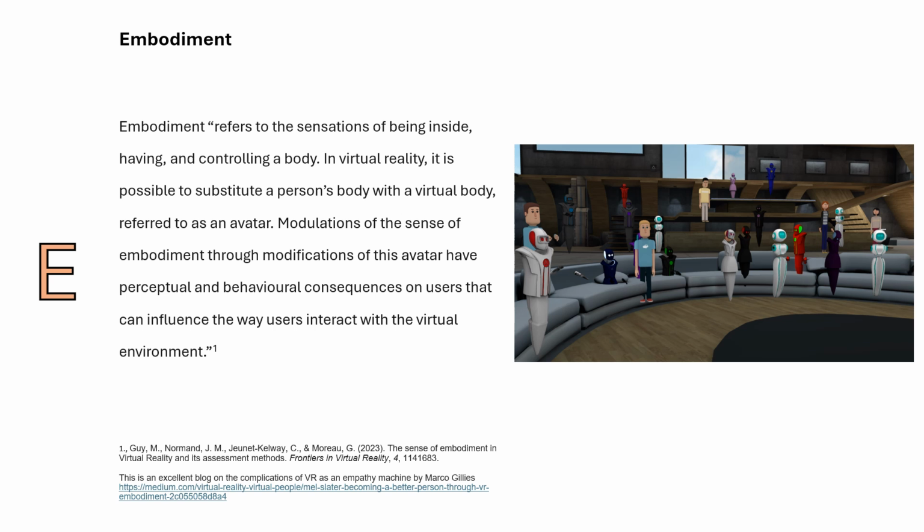And there's also a very large and interesting body of research which talks about body swapping in virtual reality. They've done experiments where they've allowed people to swap genders or ethnicities in virtual reality in order to see if that can increase empathy. And there's mixed findings and results on that. It's a very interesting area to look into.